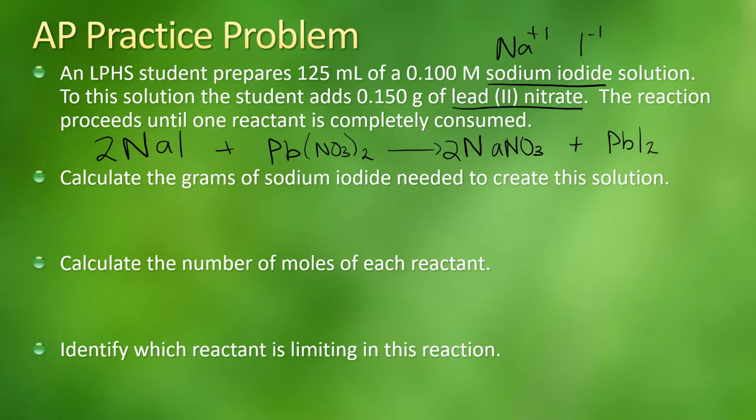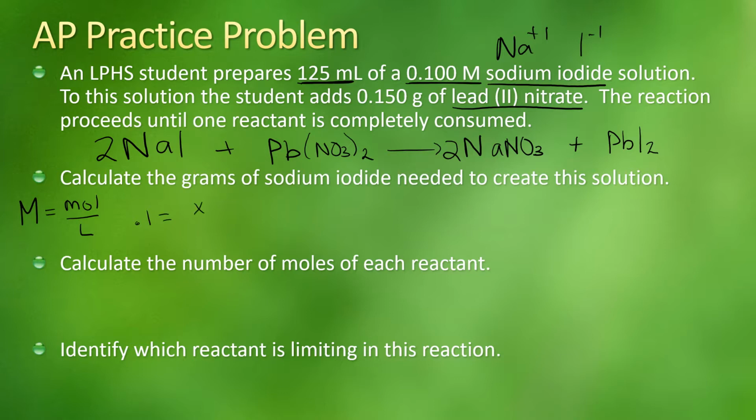To answer the first question, calculate the grams of sodium iodide needed to create the solution. Well, let's think about what we have. We have a volume and we have a molarity or concentration. Recall, molarity equals moles over liters. When we have molarity, we have liters, we can find moles. So let's plug in what we know. I have a 0.1 molar solution.